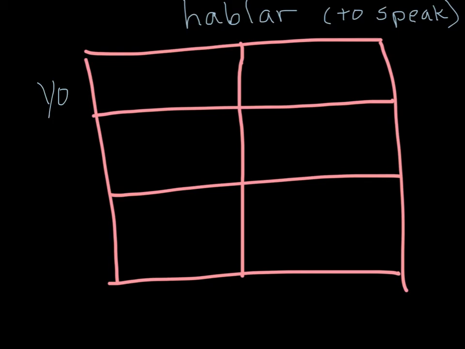So, remember in Spanish, to conjugate the verb, we're going to take the AR off, drop that. We're going to use that base, in this case habl, and for yo, do you remember what the ending was? Yo hablo.